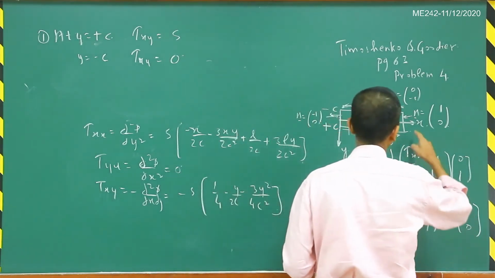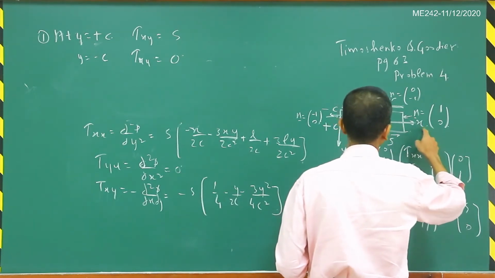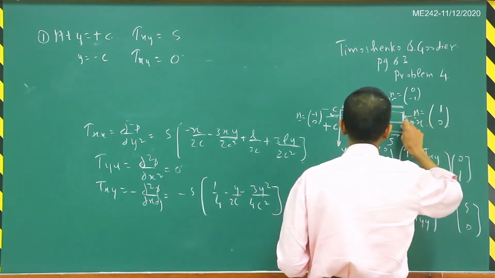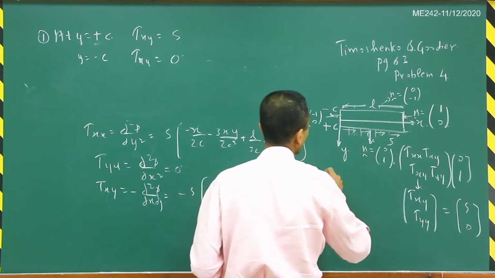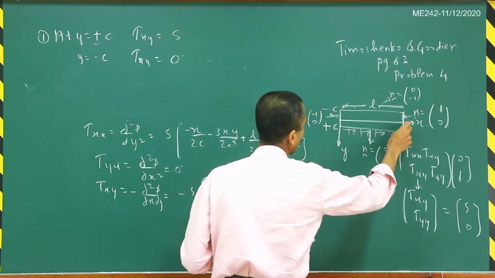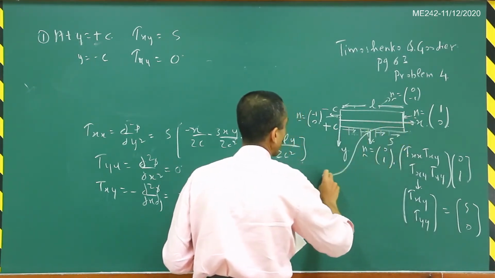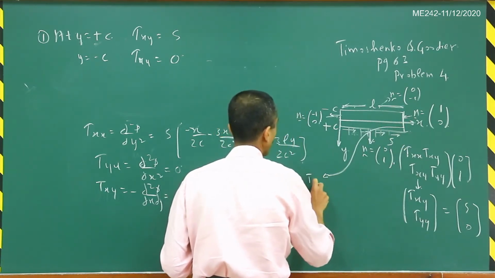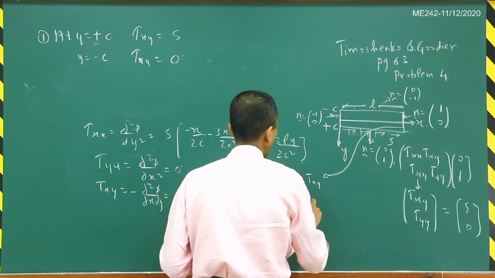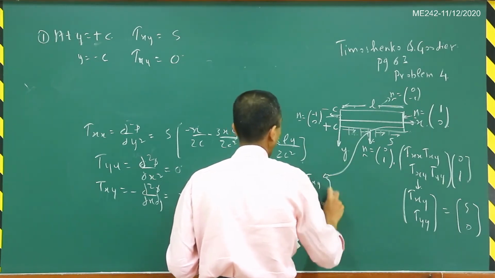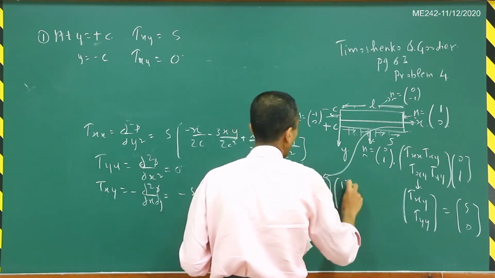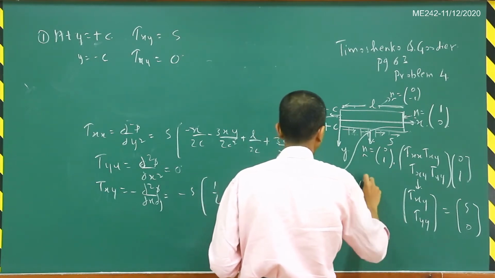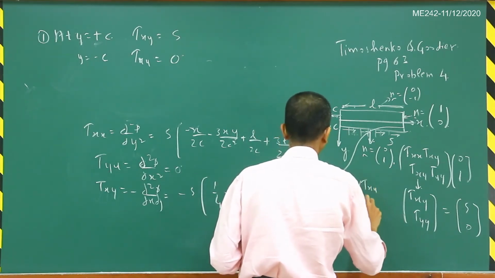Then let us take this particular edge here, the right edge. Here you will have tau xx, tau xy; tau xy, tau yy times (1, 0), and that is equal to tau xx and tau xy.